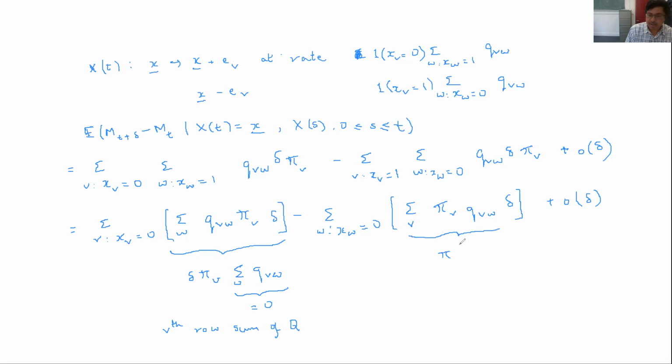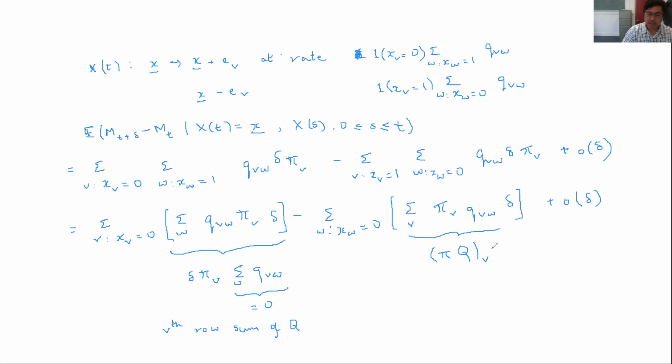So we have a row vector pi, a matrix Q. We multiply the row vector by the matrix and take its vth element, and that's exactly what this is. This is just the matrix multiplication formula. This is just the vth element of pi Q.